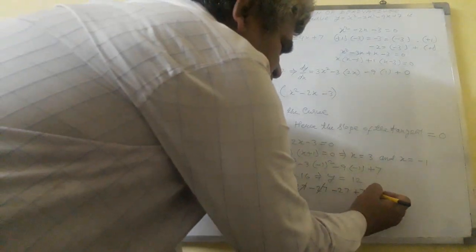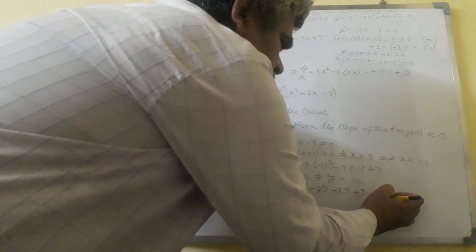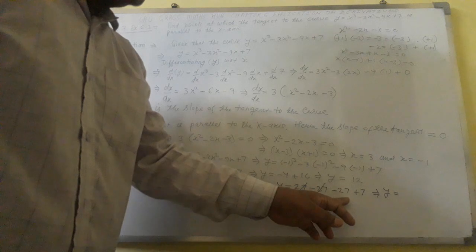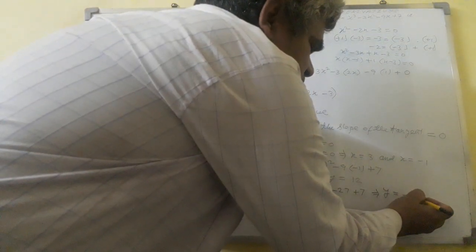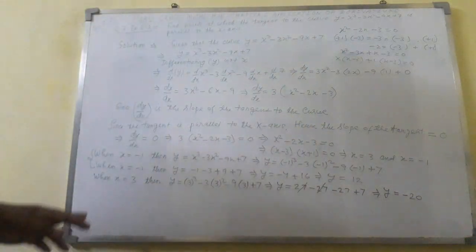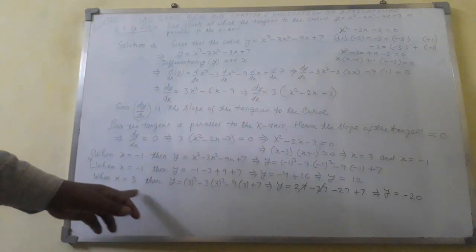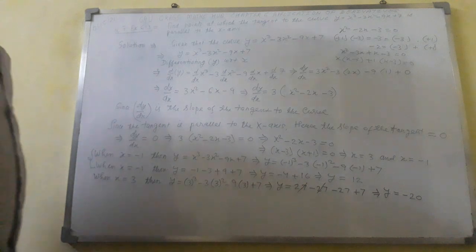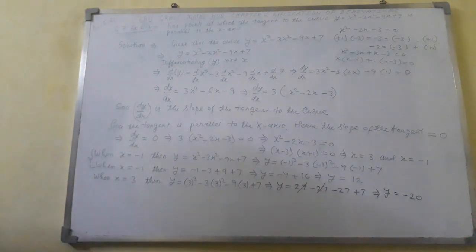Plus 27 minus 27 will be cancelled out. Here we will get y equal to minus 27 plus 7 comes out to be minus 20. So x is equal to 3, y is equal to minus 20 we have got.